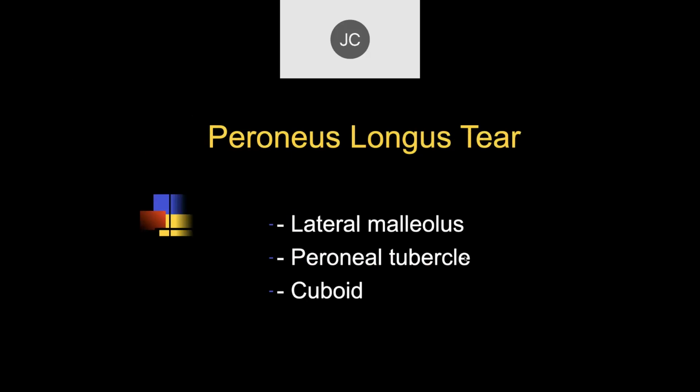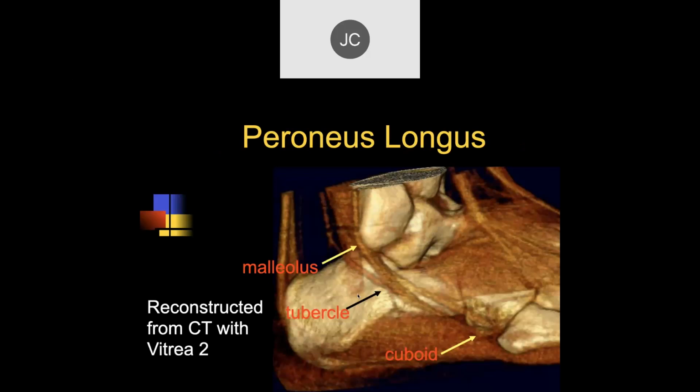Okay, thank you. Then we can look at the peroneus longus, and it typically tears at one of three locations: at the level of the lateral malleolus, at the peroneal tubercle, and the region of the cuboid. That's where it goes around bony eminences, and you get rubbing of the hard bone against the soft longus tendon.